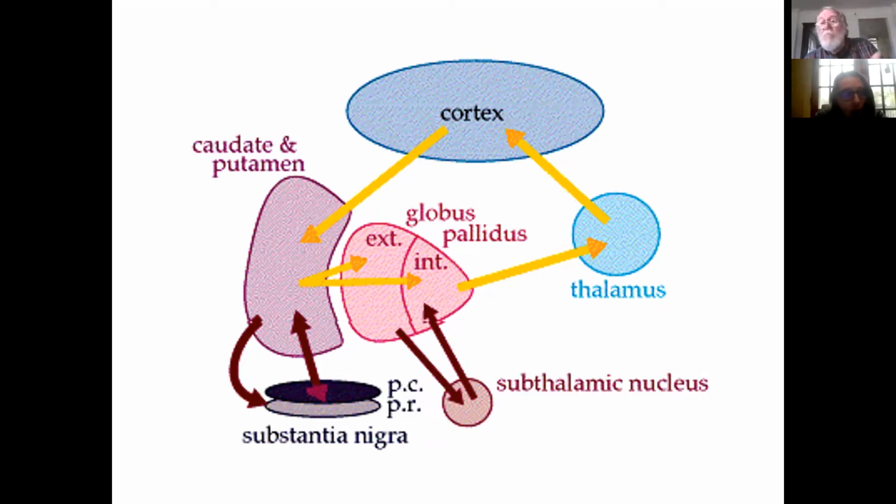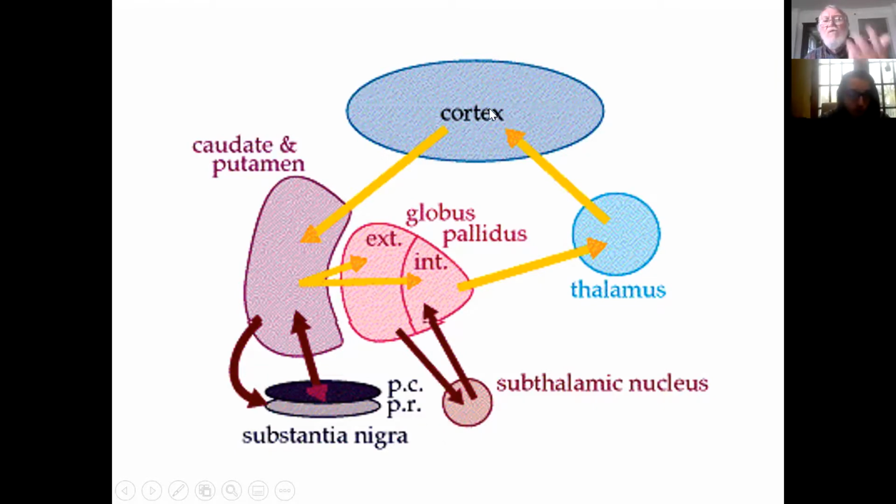So depending on your point of view, and if you notice this, you have arrows. The arrows go from the cortex to the caudate and putamen, the caudate and putamen to the zona externa and zona interna of the globus pallidus, then the zona interna of the globus pallidus projects to the thalamus, and then the thalamus projects to the cortex.